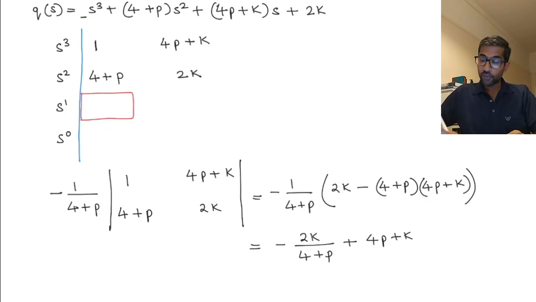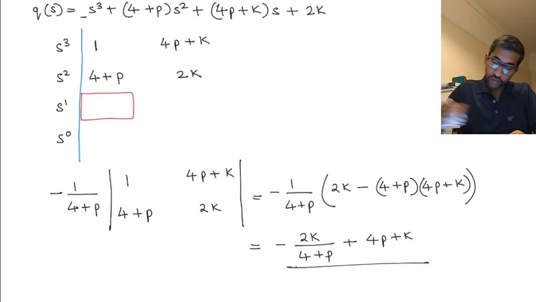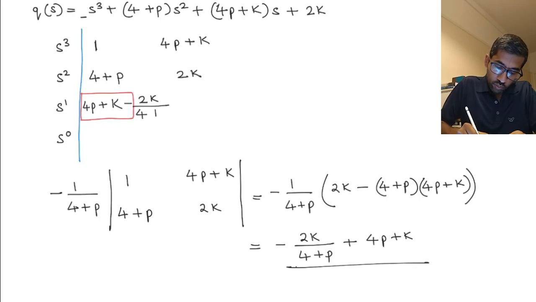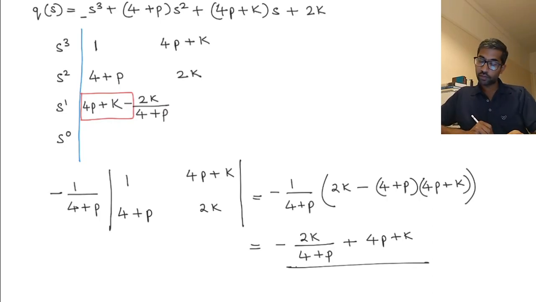So let me write it as 4p plus k minus 2k over 4 plus p.